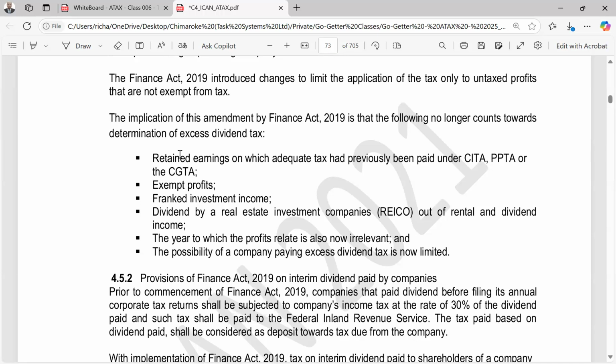Retained earnings on which adequate taxes have been previously paid under CITA, PPT, or CGT. So now, retained earnings. It means that with my profit after tax, maybe in the first year I decide to retain everything and not share anything for that year.